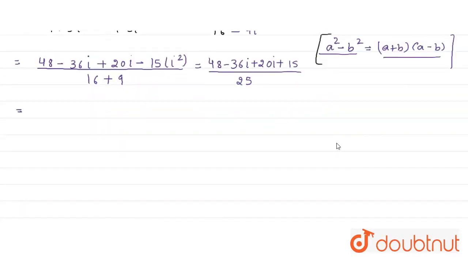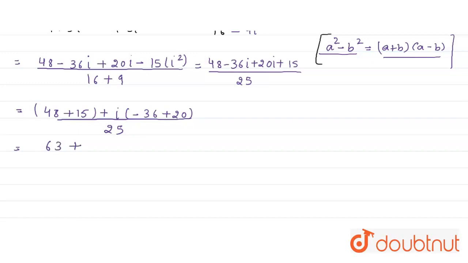Now let's simplify it further. Let's take the imaginary part on one side. 48 plus 15, this is the real part, and the imaginary part is minus 36 plus 20, divided by 25. So it will become 63, not 65, it's 63, plus i times minus 16, right, divided by 25.